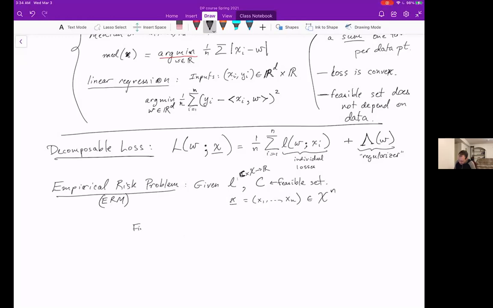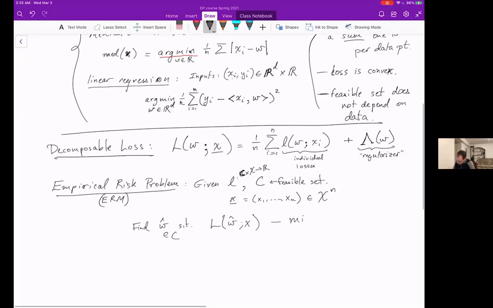So we want to find W hat such that the loss at W hat minus the, and then we want this W hat to satisfy our constraints. So sometimes C is called the constraint set because it encodes natural constraints on the parameter vector. Like for example, maybe the entries are supposed to be non-negative, or maybe the norm of the parameter vector is supposed to be bounded by some given constant.